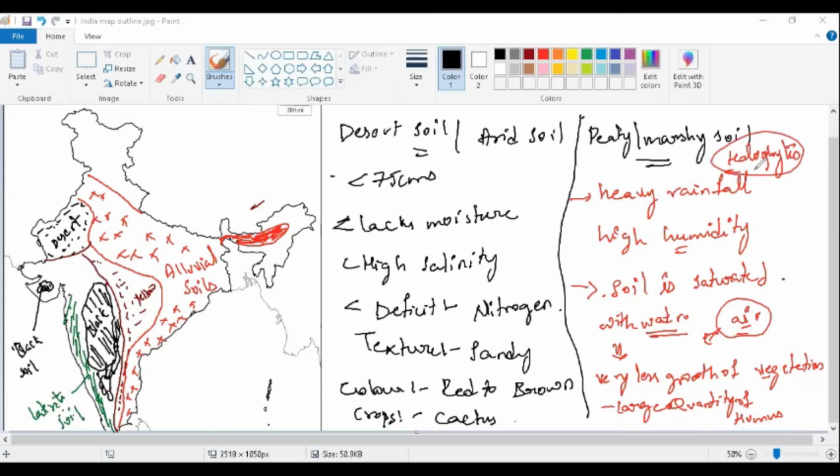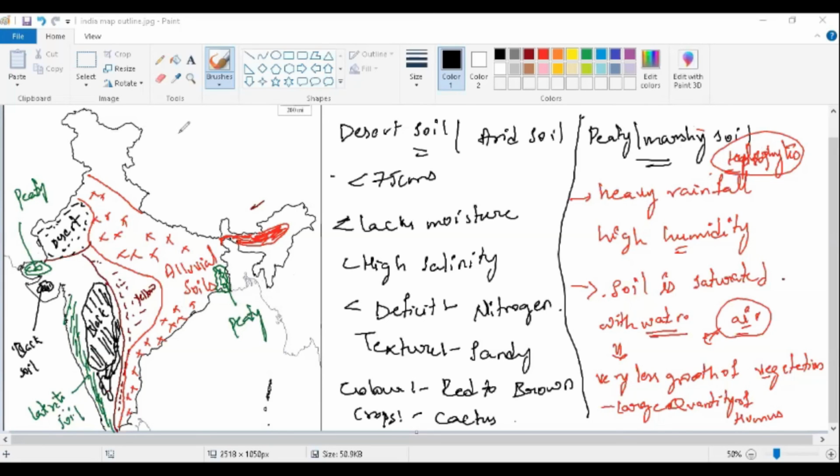Not sure, but I think it is hydrophytes. So it's HYDRO. Here, in location, you'll be having those in the Sundarban region, and in the Rann of Kutch region.